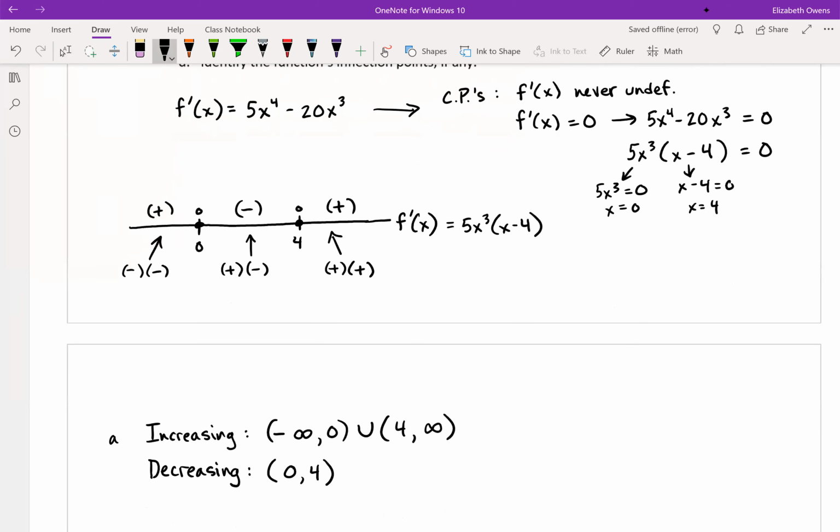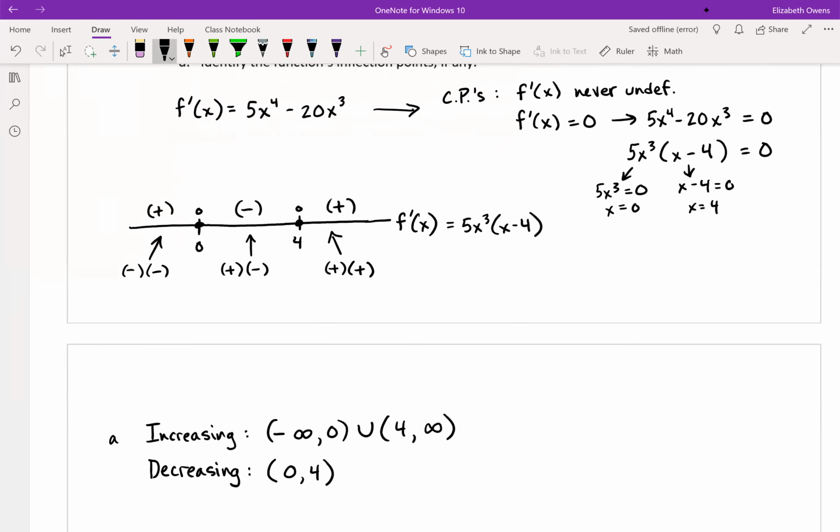As we are looking at the critical point here at x equals 0, we can see that the function is increasing, positive first derivative there at first, and then it switches to a negative first derivative, decreasing. So that increase to decrease shape of the function is going to give us a local maximum there. So whatever f of 0 is, that's going to be a local max.